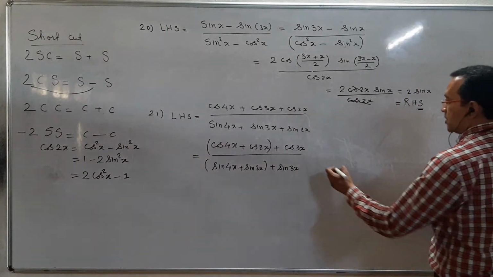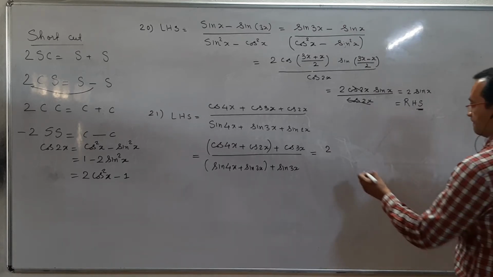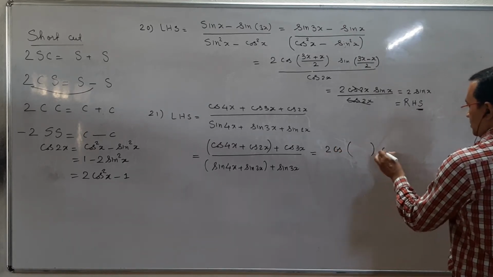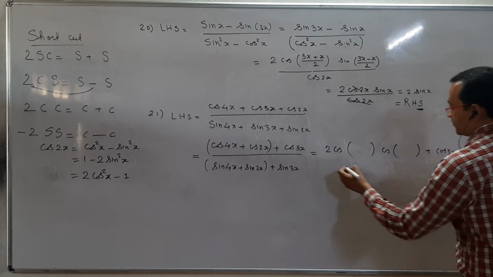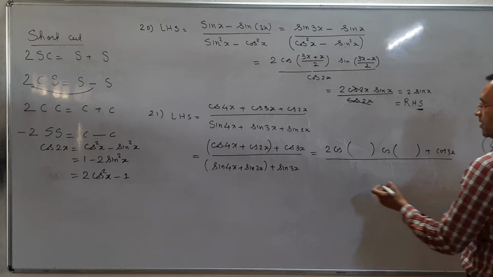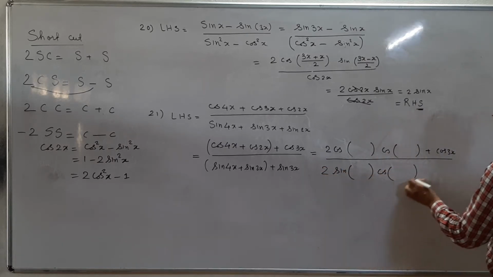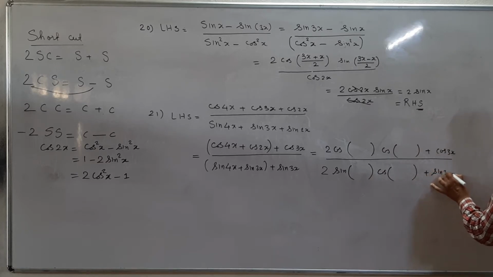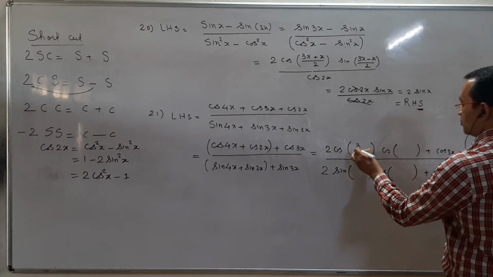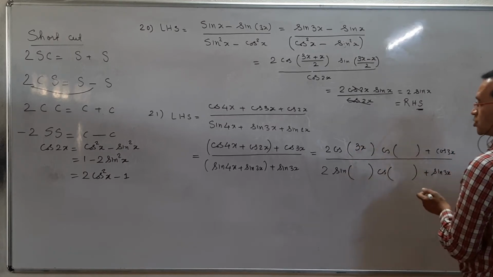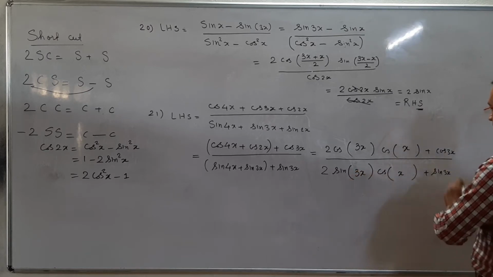So applying cos plus cos, I will get 2 cos of 3x into cos of x plus cos 3x divided by sin plus sin is 2 sin cos of 3x plus sin of 3x. Now 4 plus 2, 6x by 2, so 3x. 4 minus 2, 2x by 2, so x. We are saying that 3x and x.